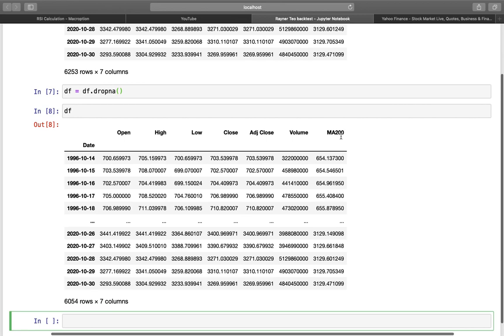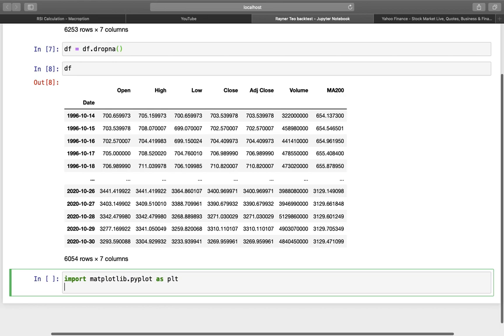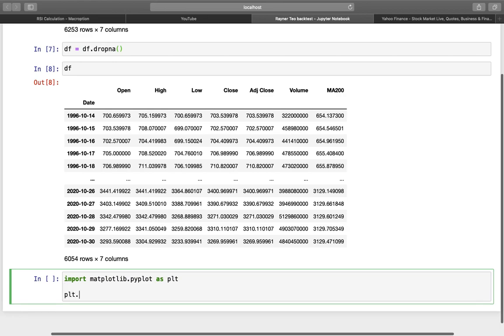Okay, to better understand the strategy, I would visualize the results until now. So therefore let us import the matplotlib library. This is just a visualization package, and we are plotting with plt.plot.